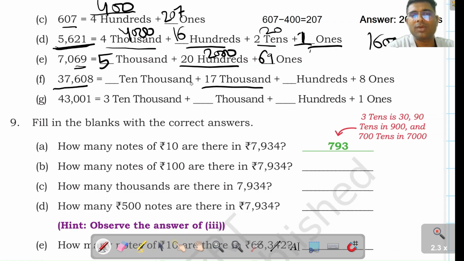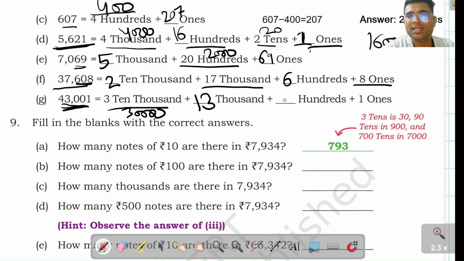When you subtract 17,000 from 37,000, you will be left with 20,000. 20,000 means 2 ten-thousands. Okay, now come to hundreds. So 608, so 608 ones. 43,000, 3 ten-thousands means 30,000. Okay, so subtract 30,000 from 43,000, you will be left with 13,000.